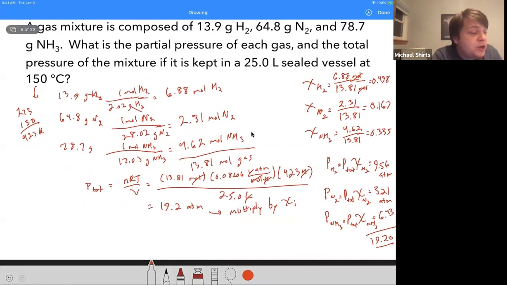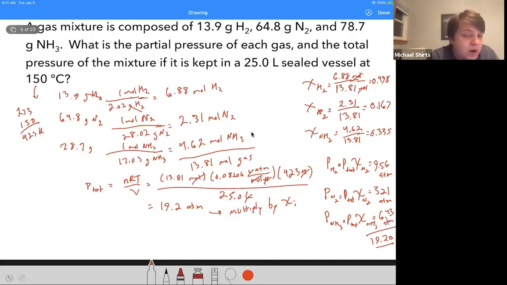Now, there's another way we could do it, in which you could take each of the individual moles of gases and calculate the partial pressure using PV equals nRT, except instead of 13.81 moles, for calculating the partial pressure of hydrogen, you'd put in 6.88 moles. And what you get out is the exact same result. You get 9.56 atmospheres for H2, 3.21 for nitrogen gas, and 6.43 atmospheres for ammonia.